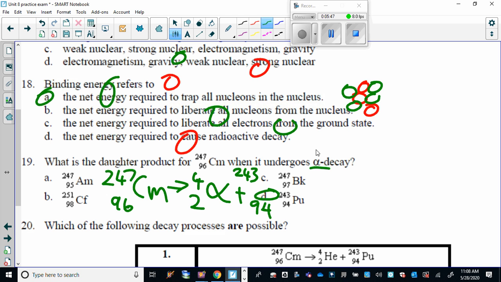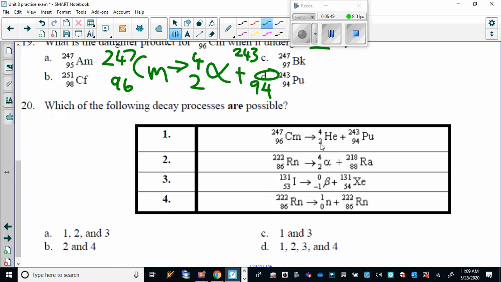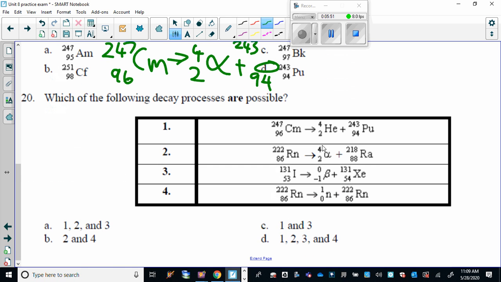Which of the following decay processes are possible? This is similar to the previous question. It's just balancing. Which ones of these are balanced? And as you can see, the first one is just the question we just did. Because remember, an alpha particle is a helium nucleus. They've just rendered it as He. So this one is balanced. How about the next one? 222. Yes, the top is balanced. Is the bottom balanced? No, because you have 86 over here and you have 90 over here.